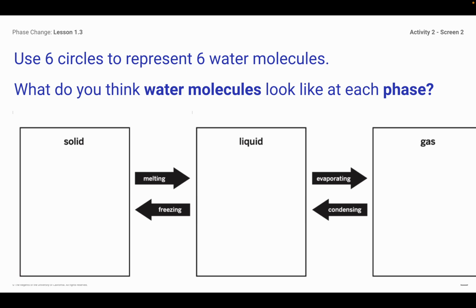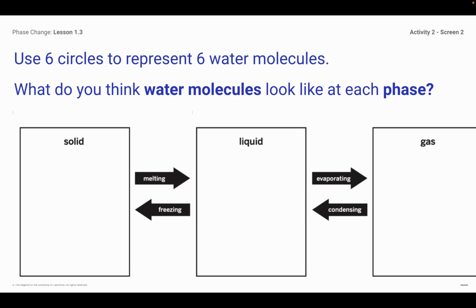So in the first box, we're going to imagine we have ice. You're using 6 circles to represent 6 water molecules. How do those water molecules look in relation to each other? So go ahead and draw 6 water molecule ice cubes, so it's in the shape of an ice cube. Okay? Go ahead and do that.